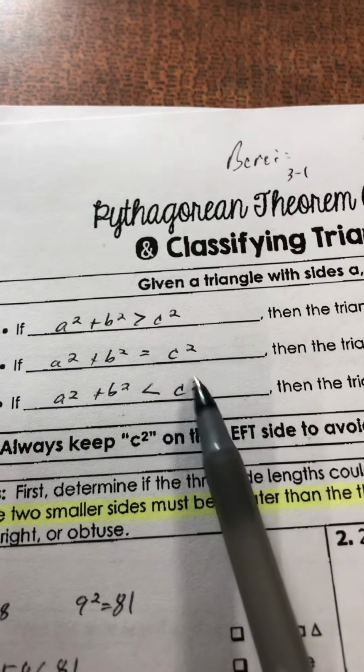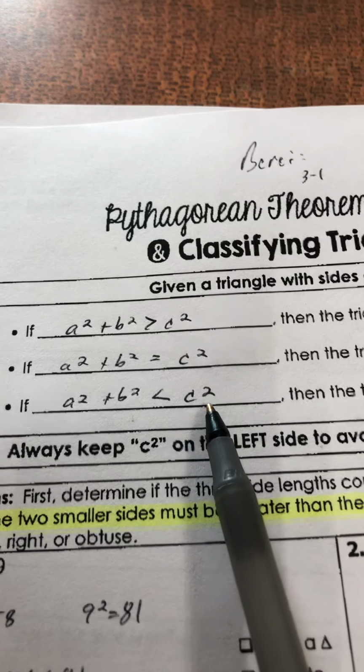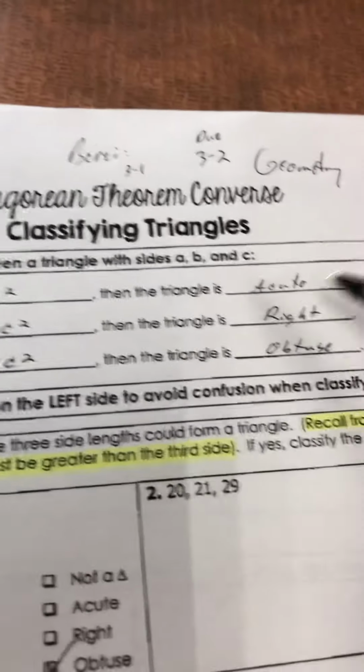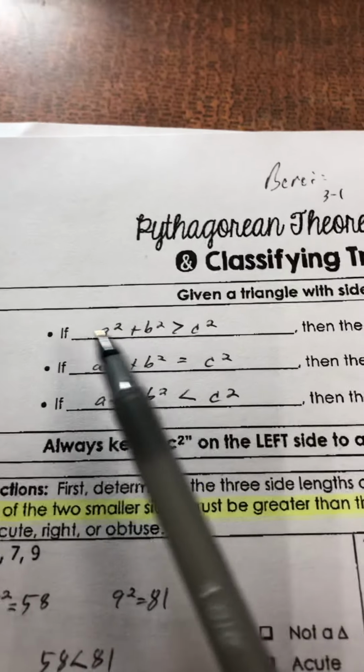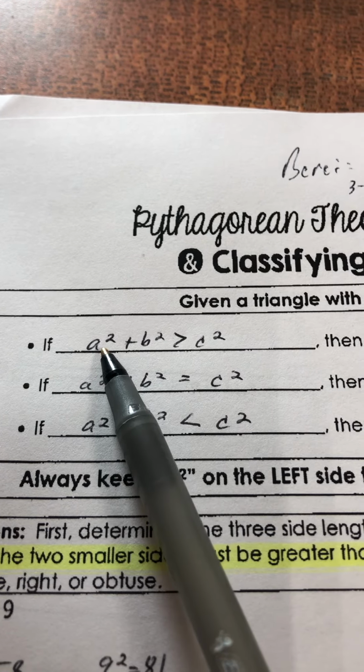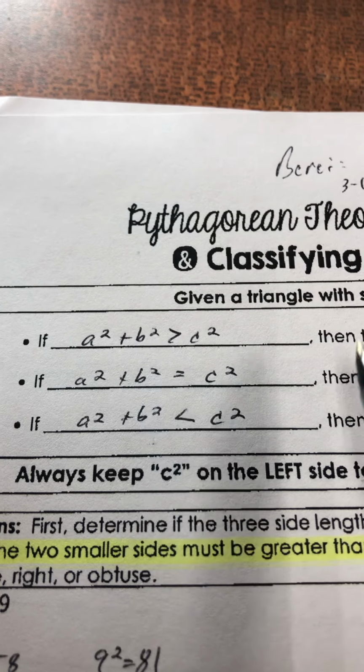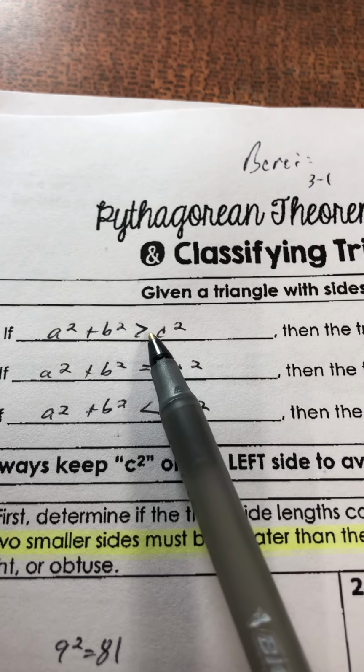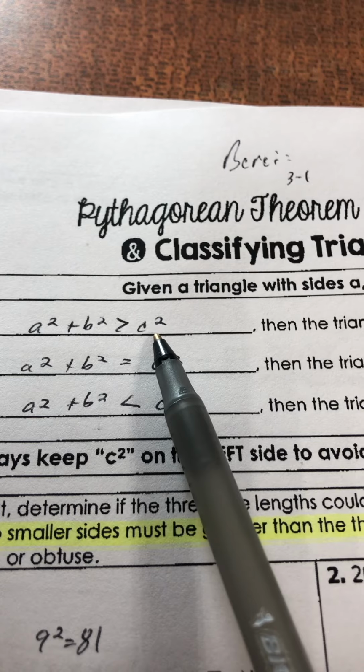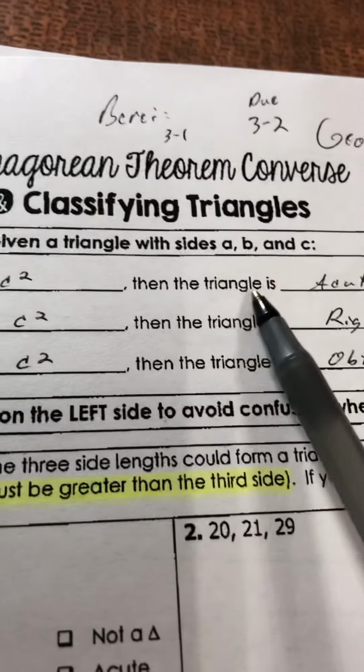I'm not sure in class which order he went. I went with this order: acute, right, and obtuse. If a squared plus b squared is greater than c squared, then the triangle is going to be acute.